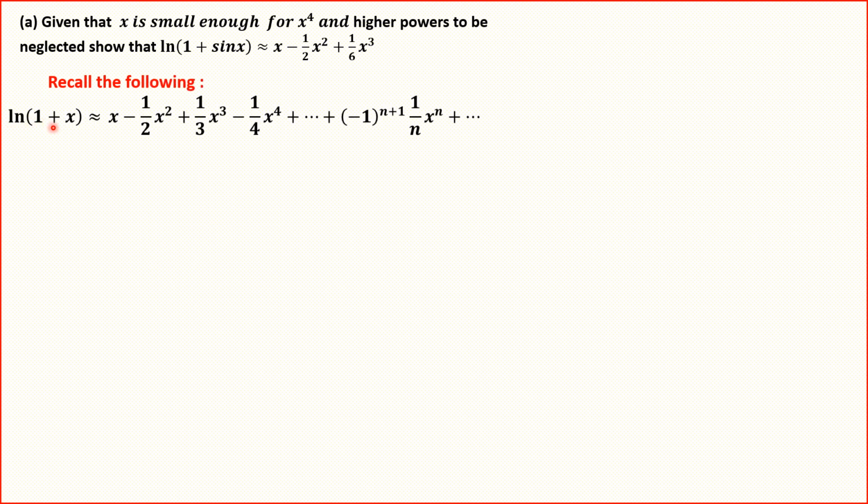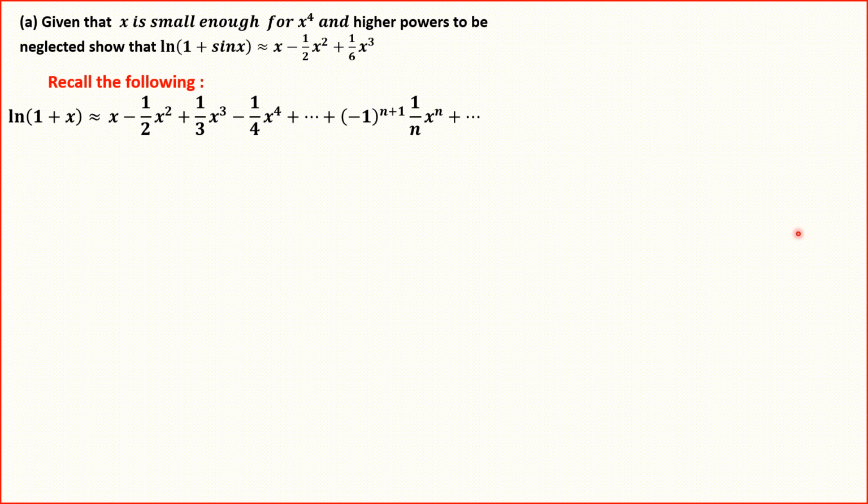The Maclaurin series expansion of ln of 1 plus x is approximately equal to this. This is a power series expansion of ln of 1 plus x, a Maclaurin expansion, that is, an expansion about x0 equals to 0.